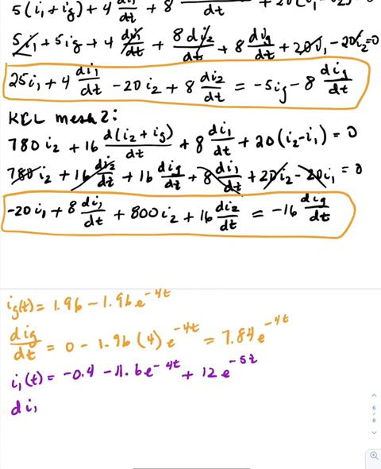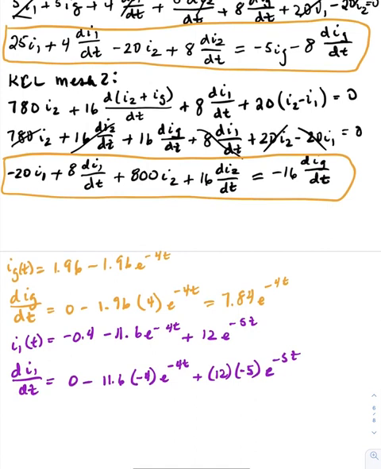Derivative of I sub 1 over dt is equal to 0 minus 11.6 times minus 4 times e to the minus 4t plus 12 times minus 5 e to the minus 5t.